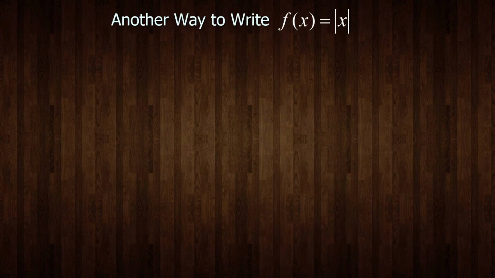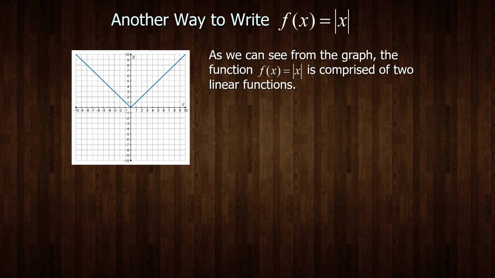All right, let's finish up with another way that we can write this function. If we have the function f at x equals the absolute value of x, there actually is another way we can write it. As you can see from the graph, the function y equals the absolute value of x, or f at x equals the absolute value of x, is made up of 2 lines.